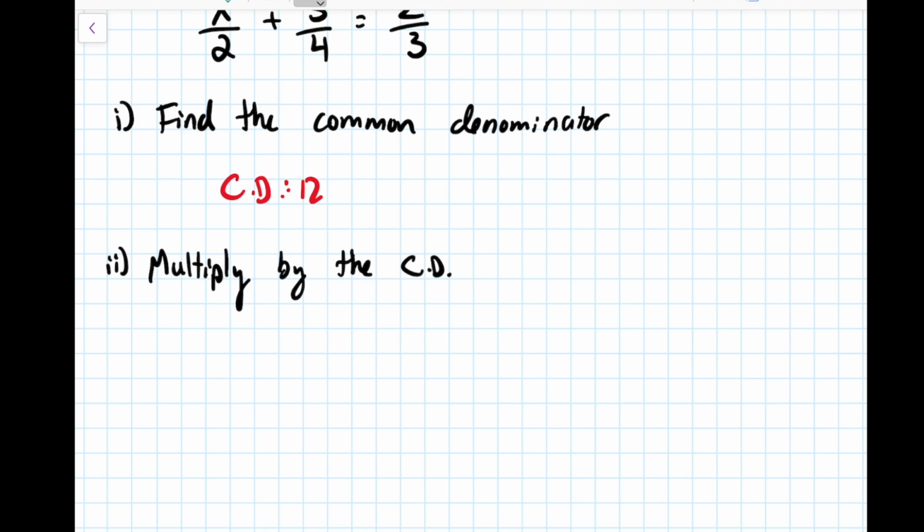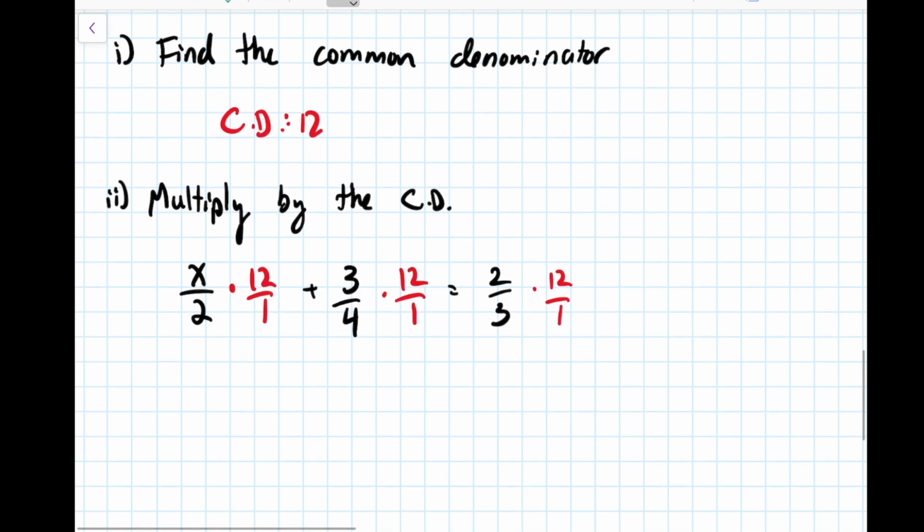And so when we do that, our multiplication is going to be a little bit more complicated now, because things aren't just going to cancel out. We're actually going to have to put a little bit of thought into things. So I'm going to multiply everything by 12, just like I did before. And so from this first term, when I do x over 2 times 12 over 1, the 2 and the 12 are going to simplify, but now it's going to be a 1 and a 6.